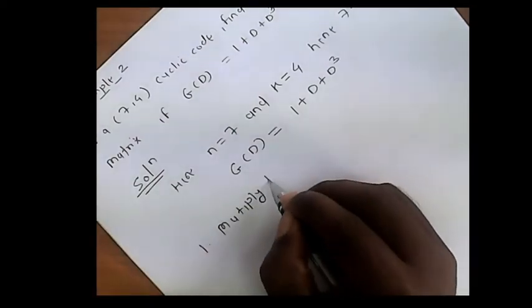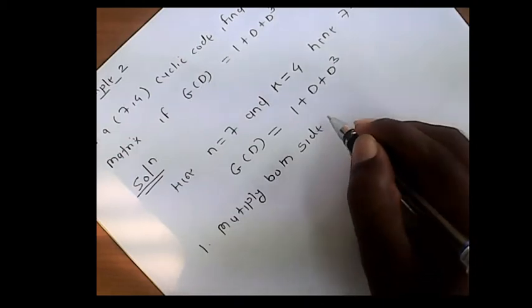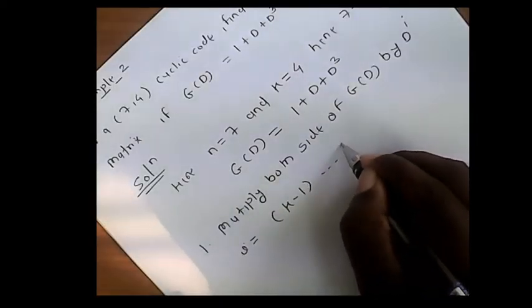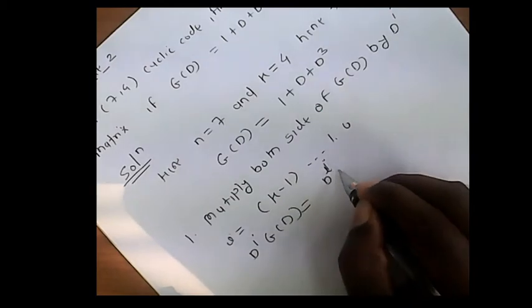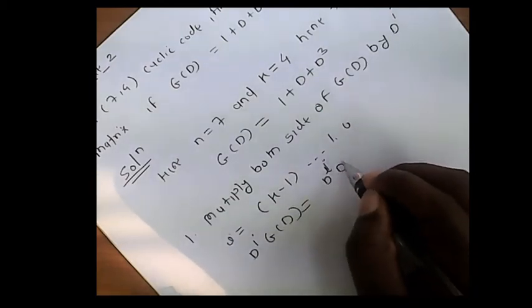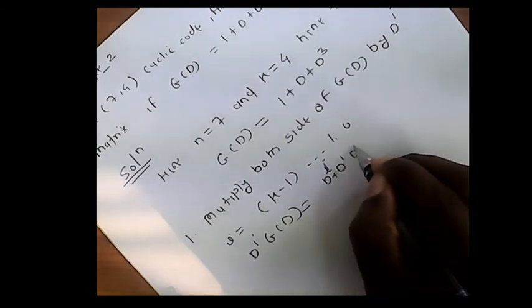So multiply both sides of the generator polynomial by d raised to power i, where i is from k minus 1 up to 0, and so d^i times g(d) is equal to d^i times (1 plus d raised to power 1) into d^i.